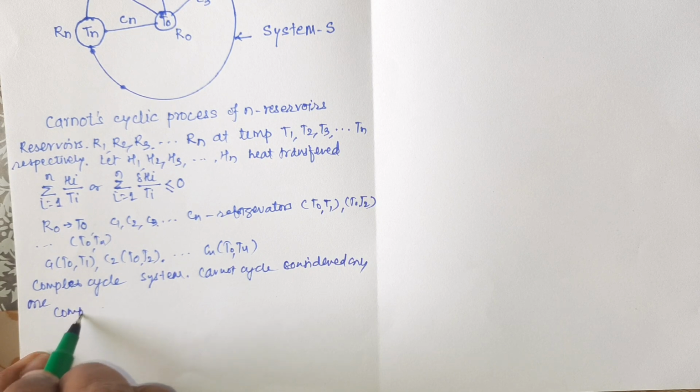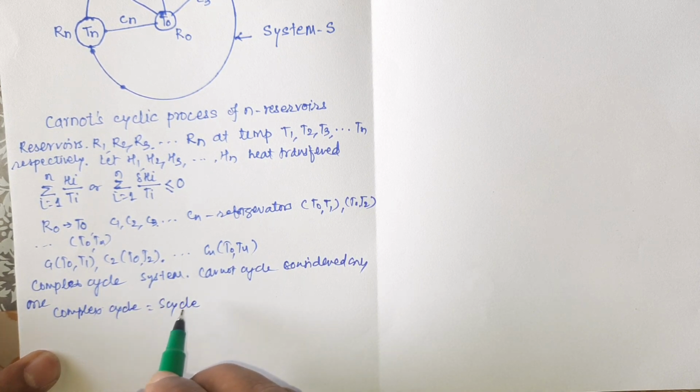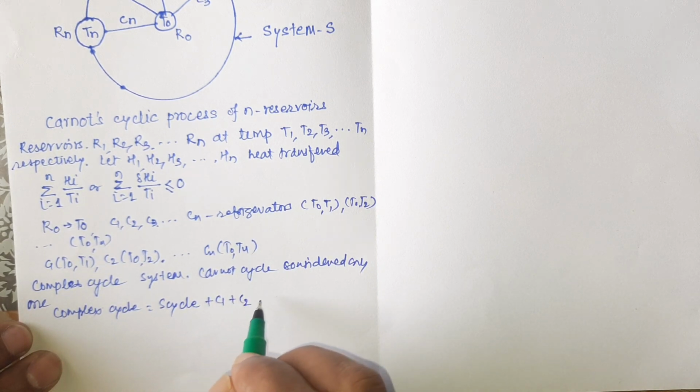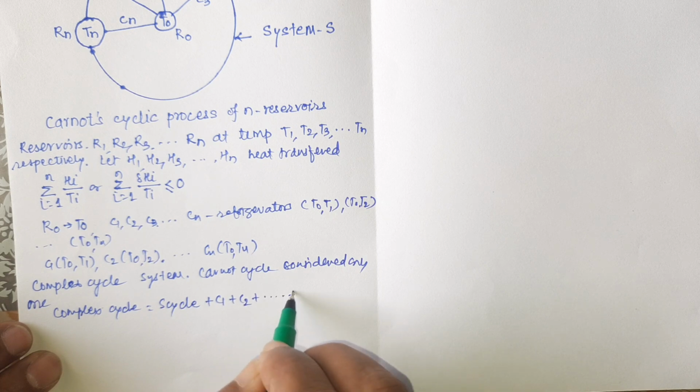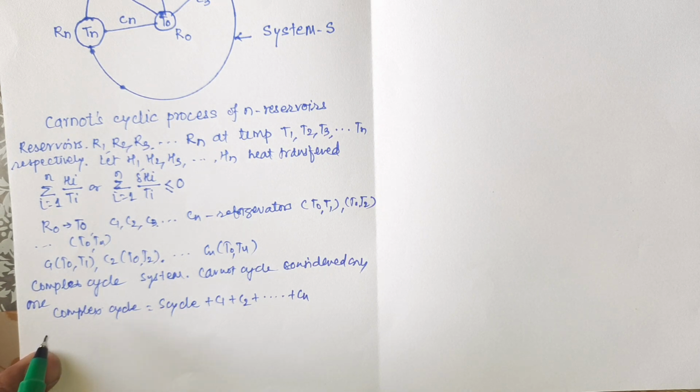We can write complex cycle is equal to S cycle plus C1 plus C2 plus Cn, so that the system S becomes back to its initial state, and also no reservoirs R1, R2 and Rn gain or lose heat during this complex cycle.